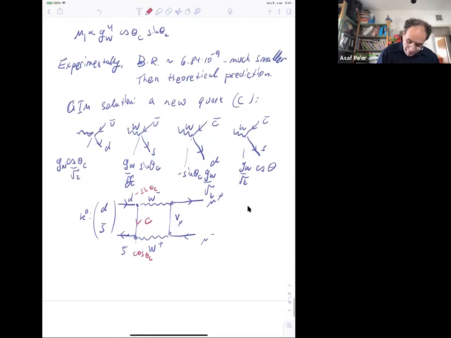So the amplitude here, M2, will be minus G weak to the 4 cosine theta Cabibbo sine theta Cabibbo, which would cancel out M1.